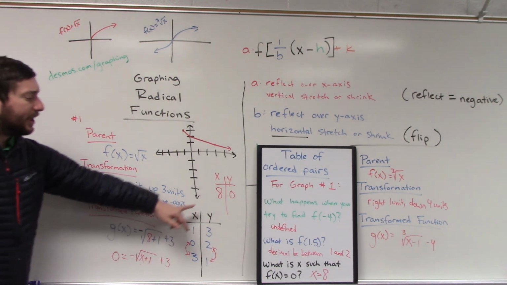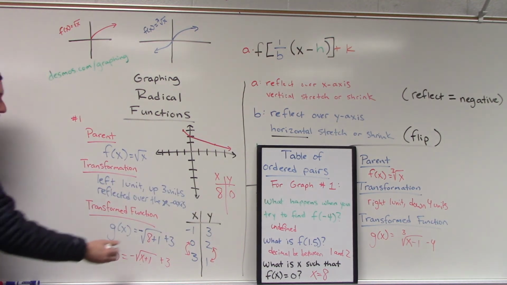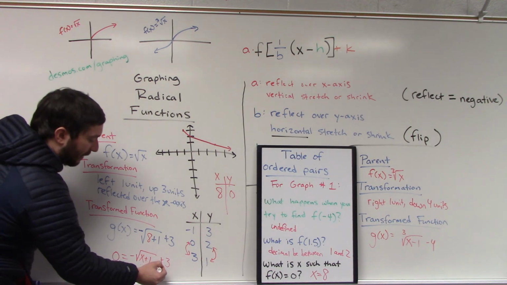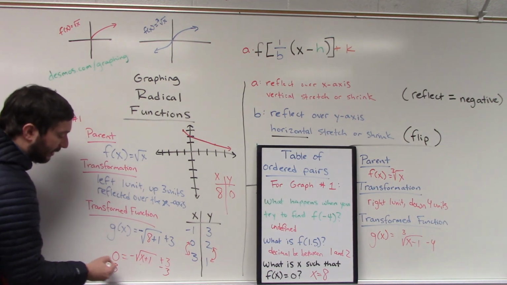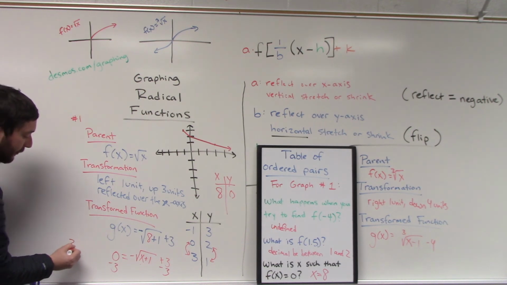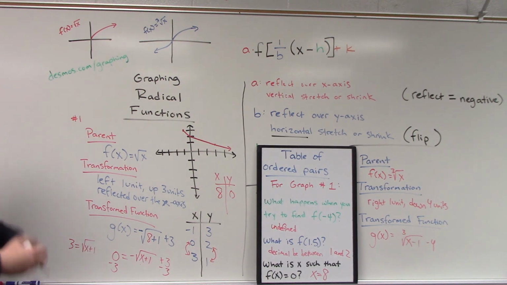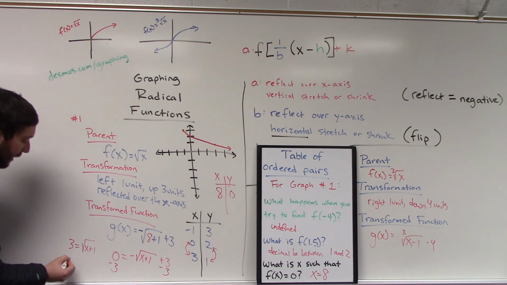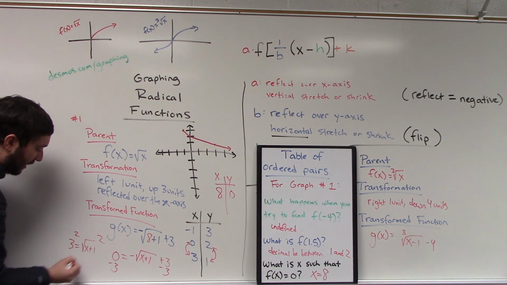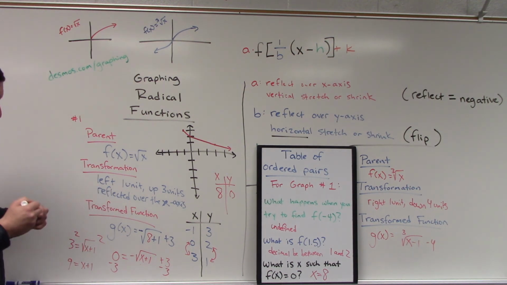So you could either test numbers for x, get numbers back for y, or if you wanted to, you could actually isolate x by subtracting by 3 and then dividing by a negative. That'll give you 3 equals the square root of x plus 1. And then you could square both sides. We're going to see this in a future video. Squaring both sides will give you 9 equals x plus 1, and subtracting 1 from both sides gives you 8.